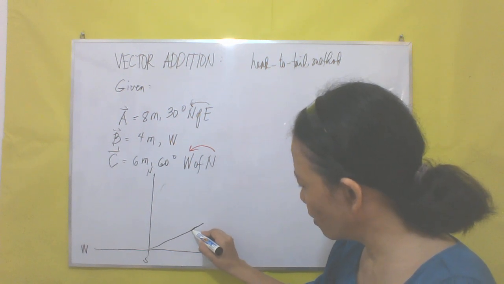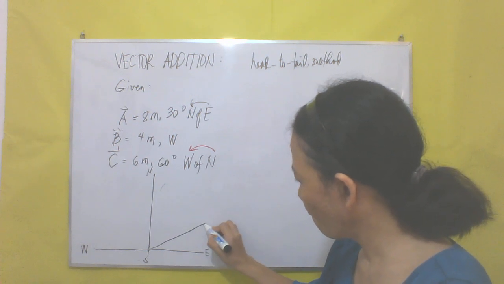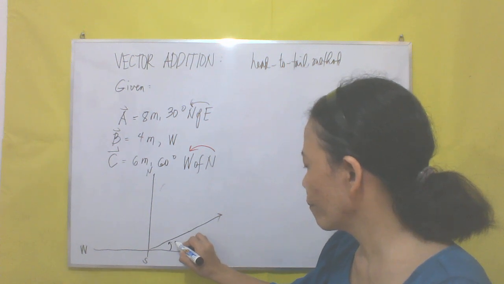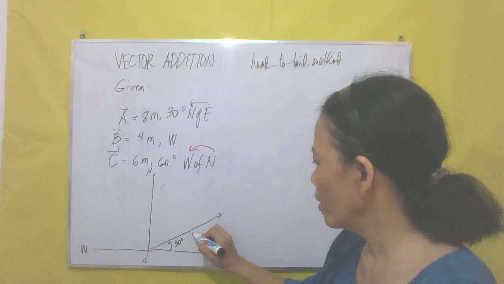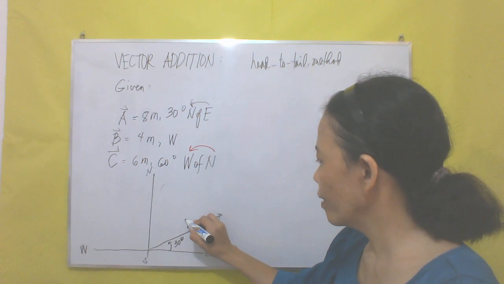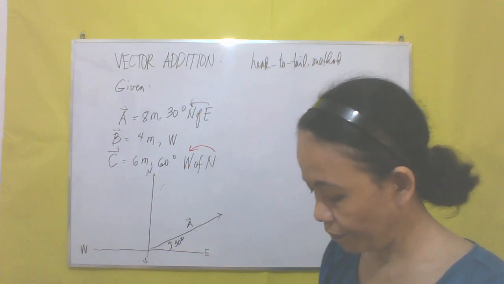Okay, this is 30 degrees, and this is vector A.